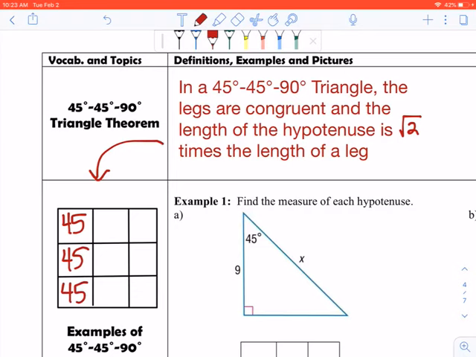Now in the middle is how we're going to solve for those sides. So we're just going to put the theorem, oops, I meant to put 90 on that last one. This should be 90.